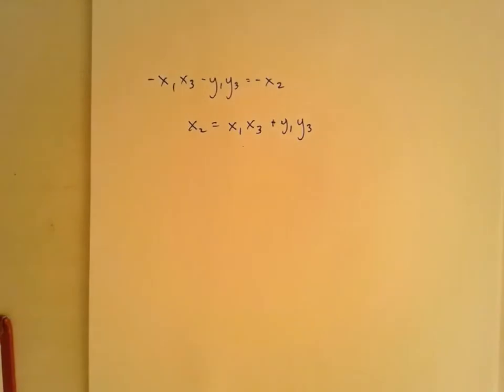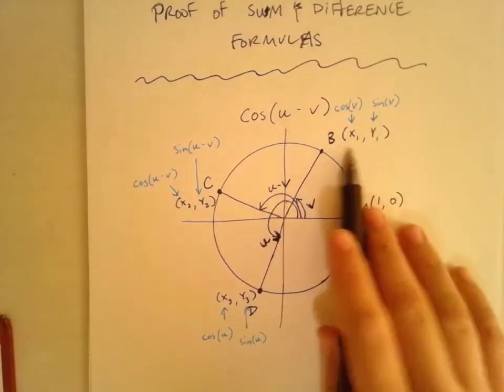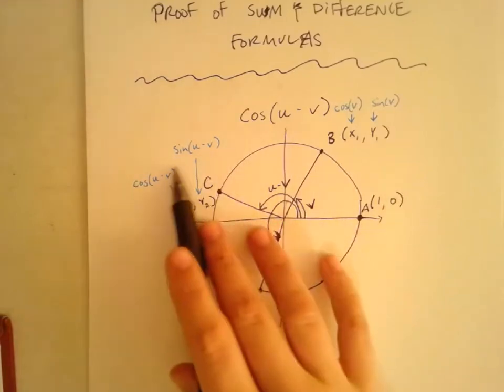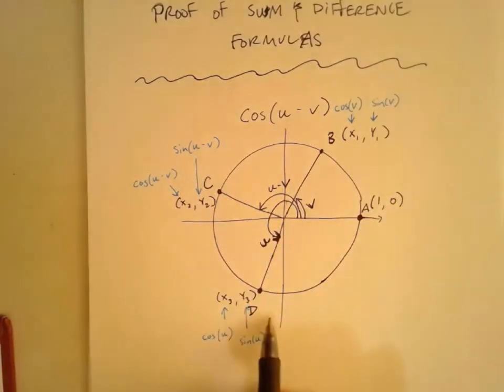And it seems like that's kind of all we can do, but what we need to remember is what we wrote down at the very, very beginning of this video. We gave another name for all of those, x sub 1, x sub 2, x sub 3, right? We actually labeled according to cosine and sine, right? x1 was cosine v, y1 was sine v, right? Remember all of those sine and cosine names? We gave all of those coordinates.